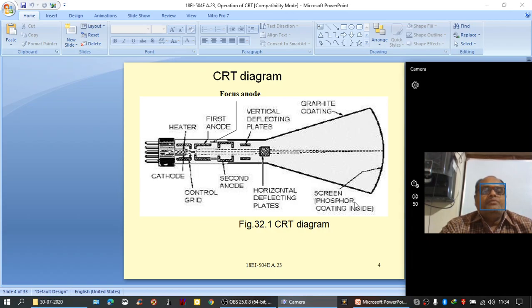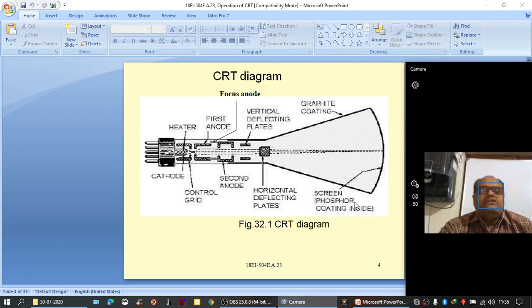The property of emitting light when hit by the electron beam, by absorbing kinetic energy and converting it into light energy, is called fluorescence.